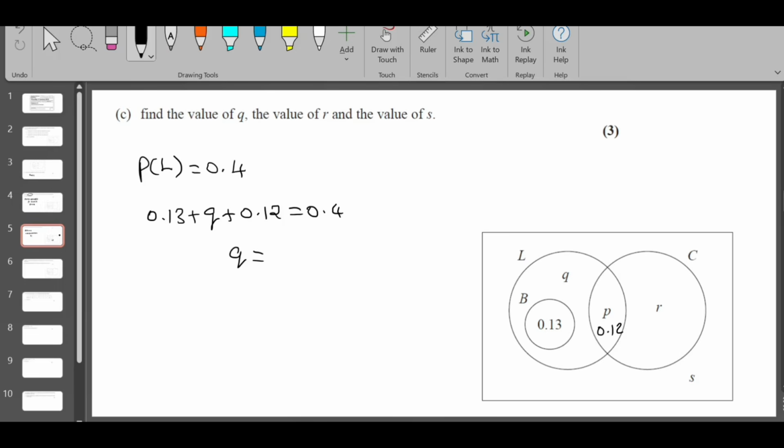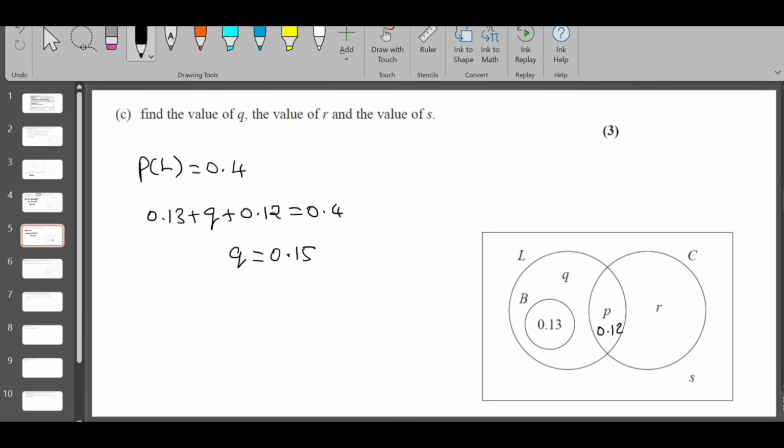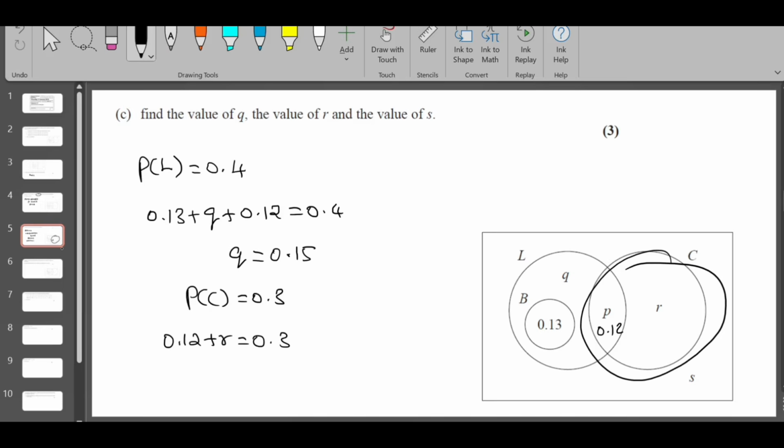So Q is 0.4 minus 0.25, 0.15. And then P of C is given as 0.3. Add everything inside C: P plus R is 0.3, so R is 0.3 minus 0.12, 0.18.